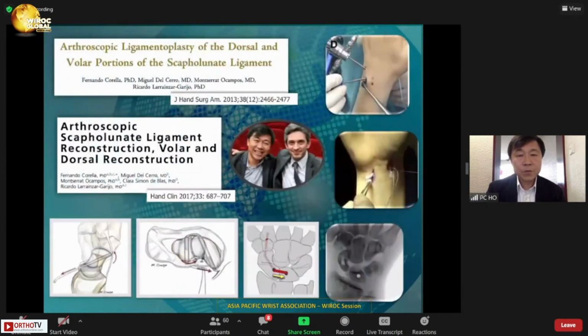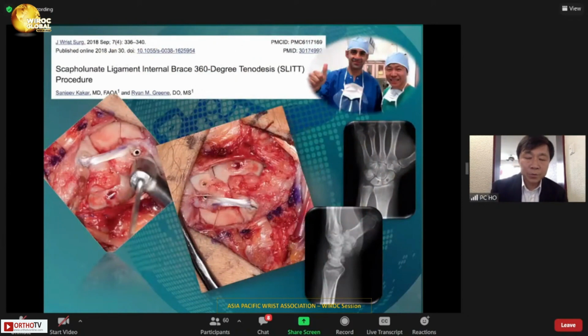Nowadays, we have many more reconstruction methods, particularly this very remarkable method by my good friend Fernando Corella, an excellent reconstruction. But I always think that it is a bit complicated. It's not easy, and sometimes it's risky, so you need to really master your fluoroscopy technique.